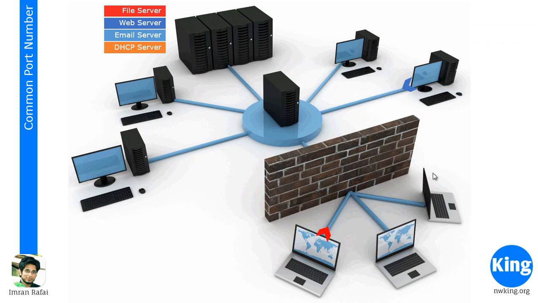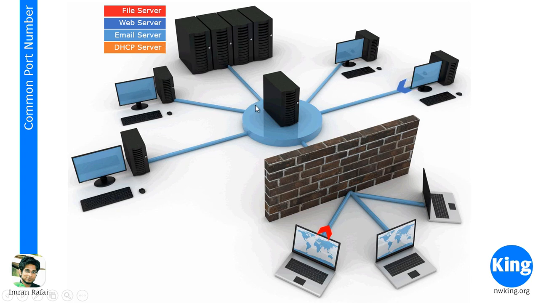Next, we'll look at the common port numbers. This is a classic scenario where you have one server, maybe a data center, with a file server, web server, email server, and DHCP server.